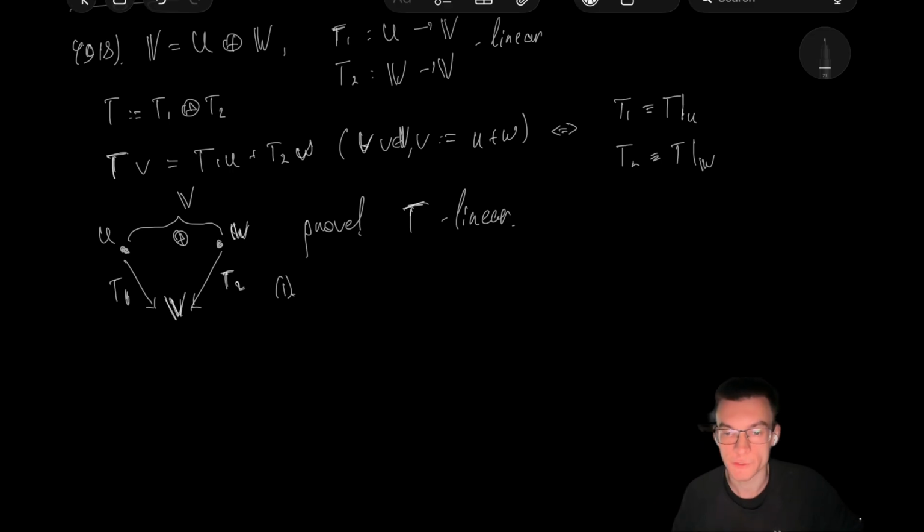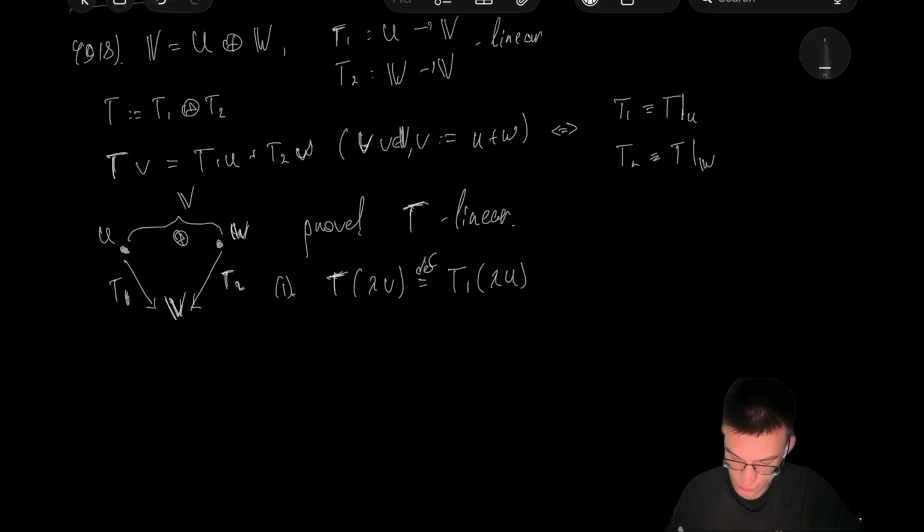All we have to do is to prove two things: homogeneity and additivity, because homogeneity and additivity result in linearity. So for homogeneity, let's imagine we have the vector lambda v, which by definition can be decomposed into T1 lambda u plus T2 lambda w. Why?